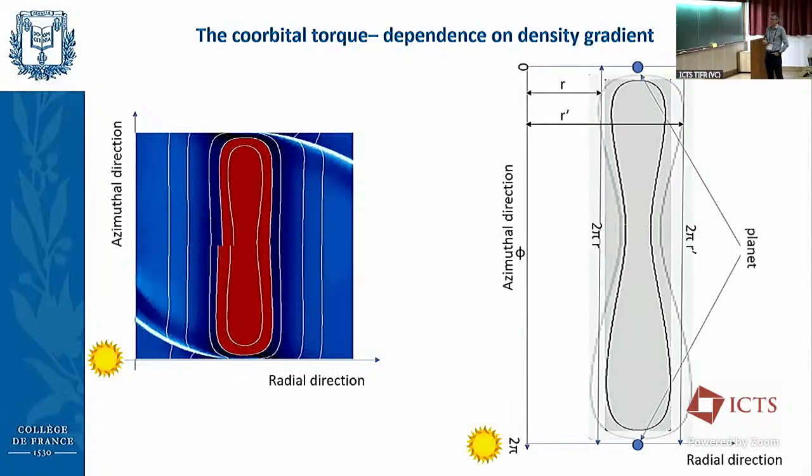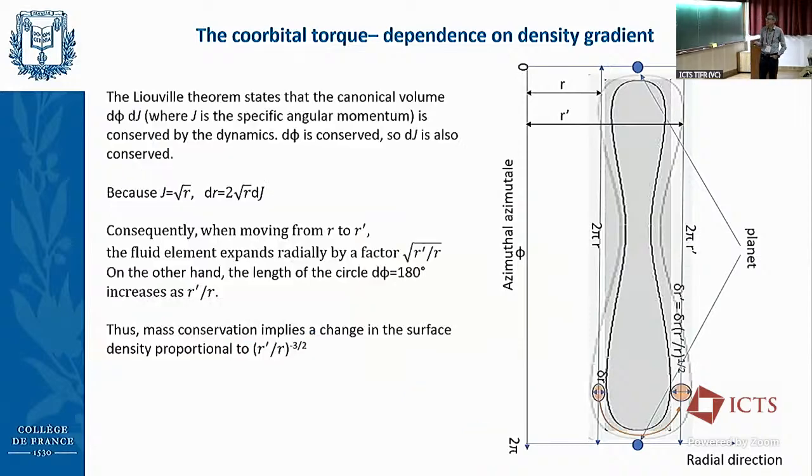And this is what we get. So this is the radial direction, the azimuthal direction, the star is in that direction, the planet is here. And these are the horseshoe trajectories. So let's take a fluid element that makes a U-turn.